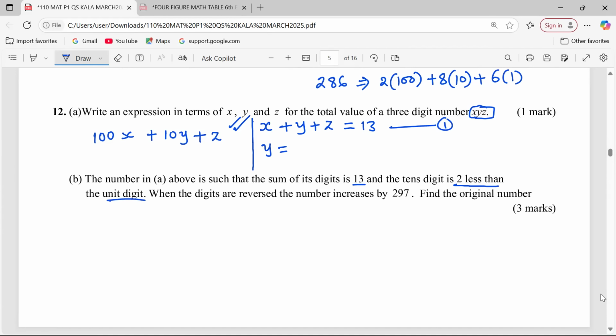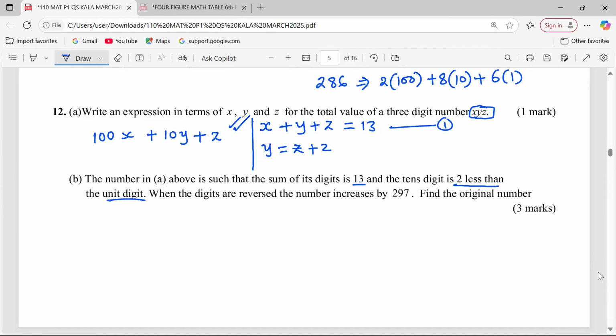The unit digit is Z, the ones digit. So to Z, we should add 2 to get Y. I hope that interpretation is right, unless we reread.